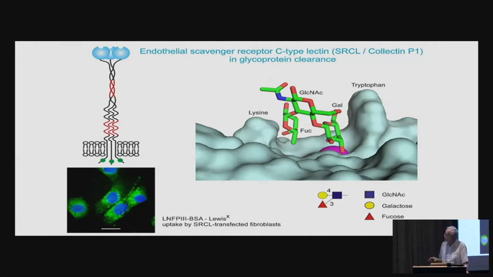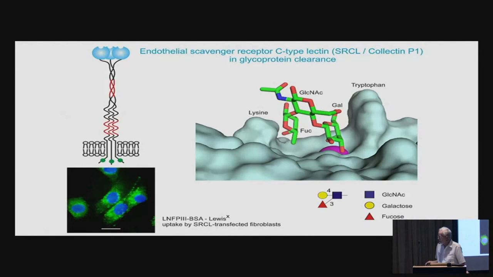And there is a receptor, the scavenger receptor C-type lectin, also known as collectin P1, which has a sugar binding domain way out at the end of all this stuff, which specifically binds that trisaccharide motif. That gives it the ability to take up Lewis X containing structures and do endocytosis.